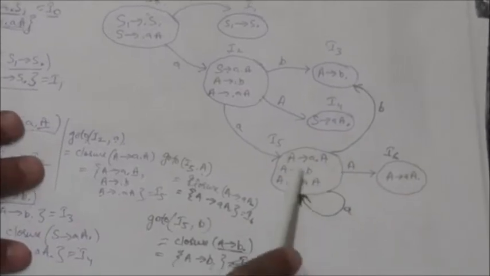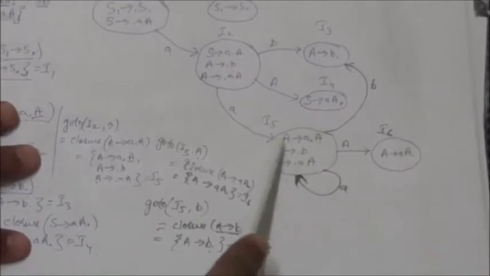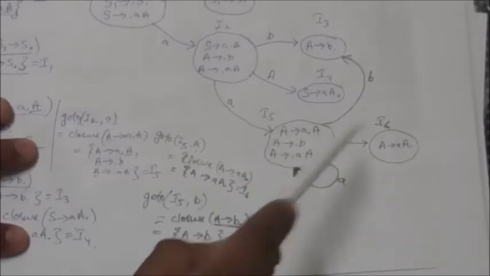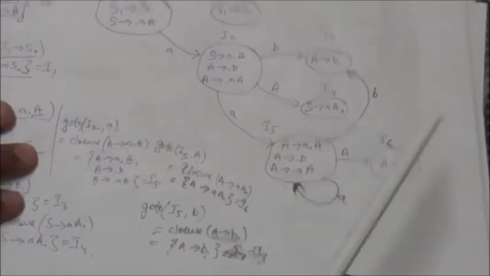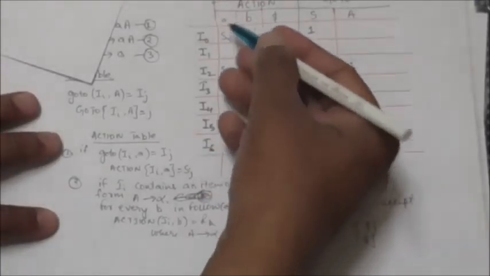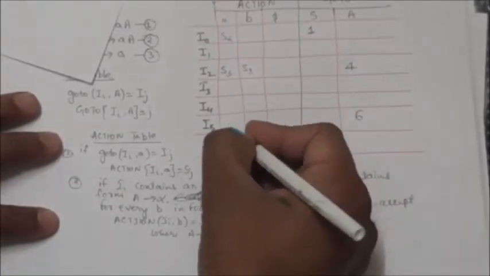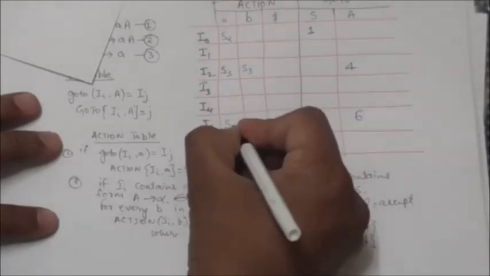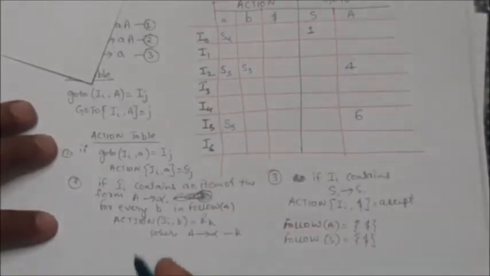Now see this transition. There is a self loop from state I5 to I5 for terminal symbol A. So in the I5 row, column labeled by terminal symbol A, we will write S5, right? Shift and jump to state I5.